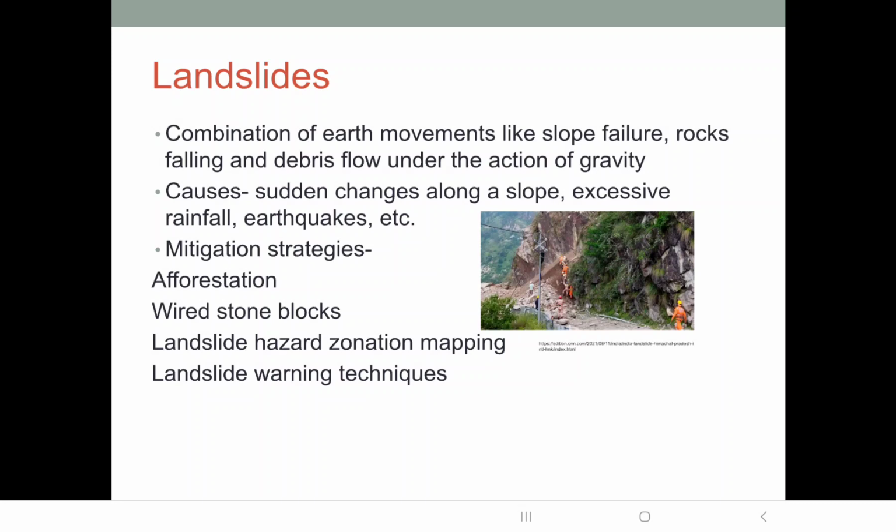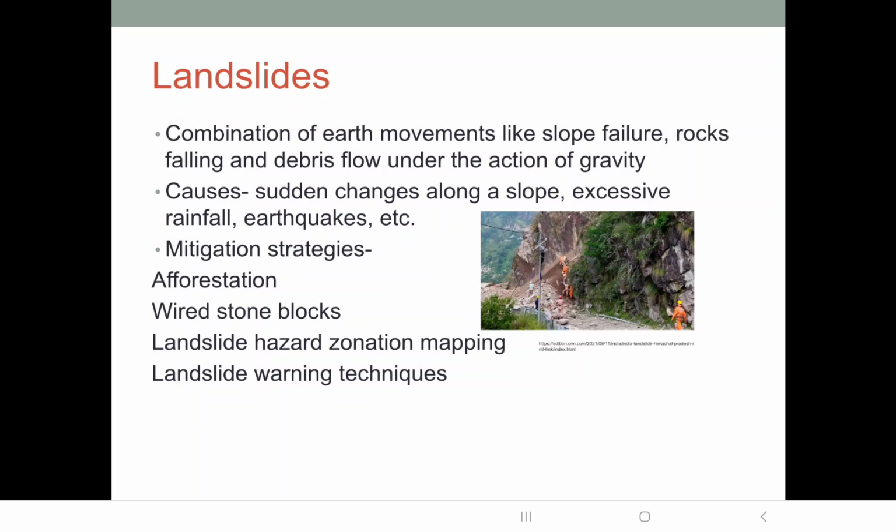How can one mitigate the landslide or reduce its severity? First is afforestation. A very important part is afforestation along the slopes. Why? Because the roots of trees, they penetrate deep into the soil and they try to hold the soil, isn't it?